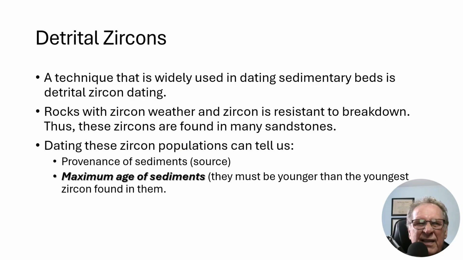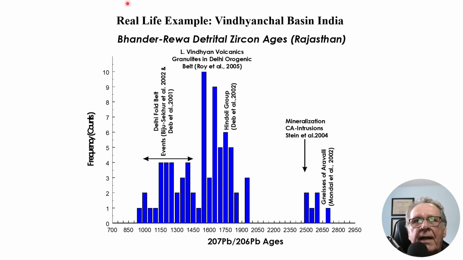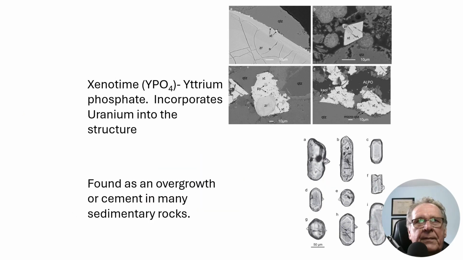So it's not particularly useful. Here's a real life example. We can see here that the youngest zircons in this basin are around 1 billion years. So we would say that the rocks have to be younger than about 1 billion years.